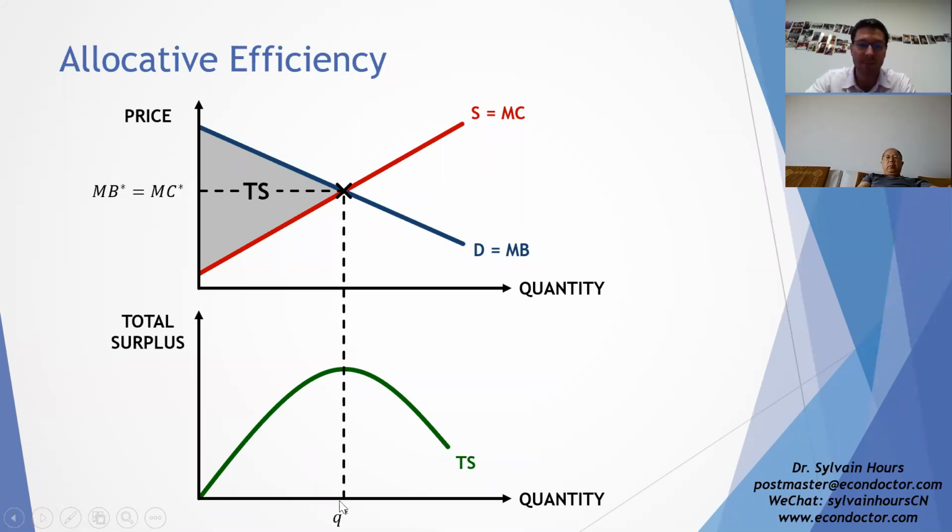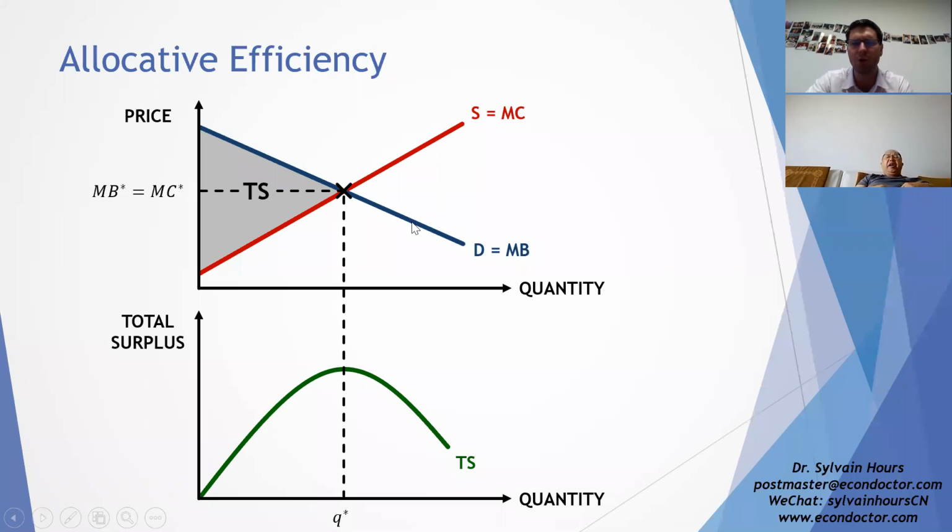It increases before Q star, or to the left, because the marginal benefit of consumption is greater than the marginal cost of production. So if we produce more, if we allocate more resources to this particular market, then total surplus would increase. But then after Q star, to the right of Q star, my total surplus starts to fall simply because you see that the marginal cost of production is greater than the marginal benefit.